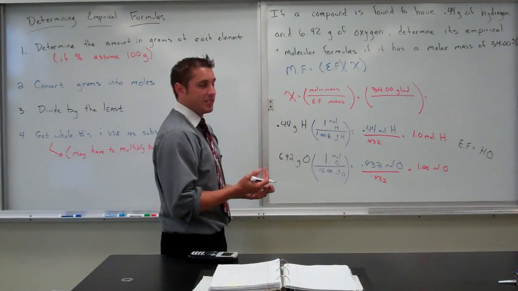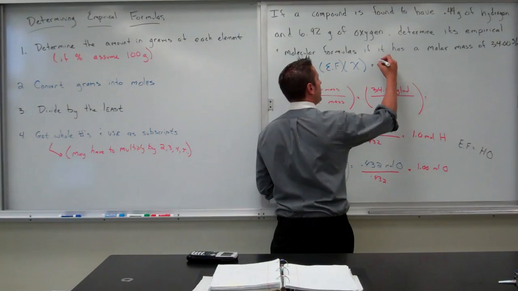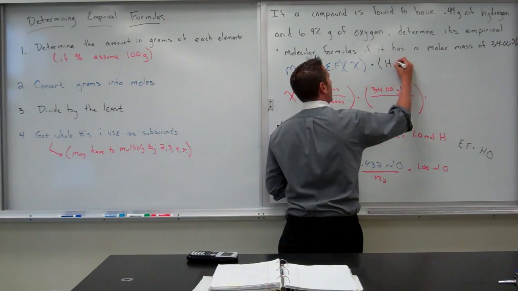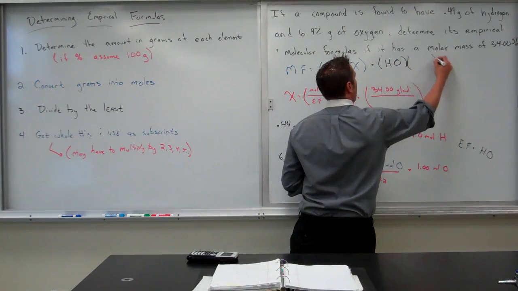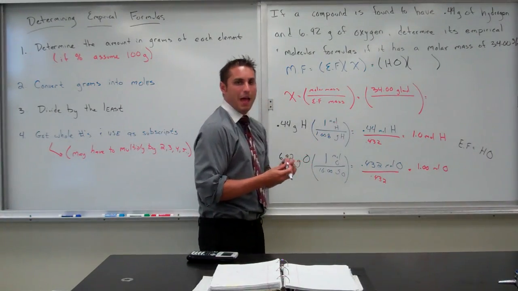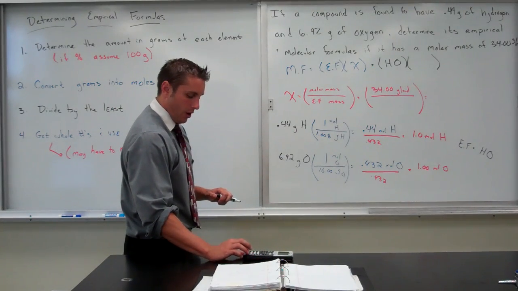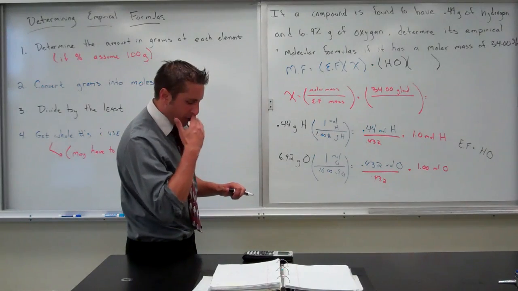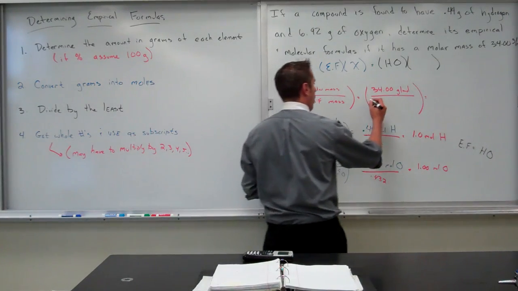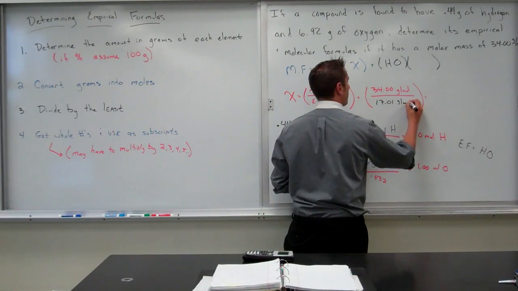So now we have the pieces that we need to plug in. I needed the empirical formula for up here, so we will say HO times X, and I needed the empirical formula to get the mass. So what I'll do is I'll take H off the table, 1.008 plus O, 16.00, leading me to a number of 17.01 grams per mole.